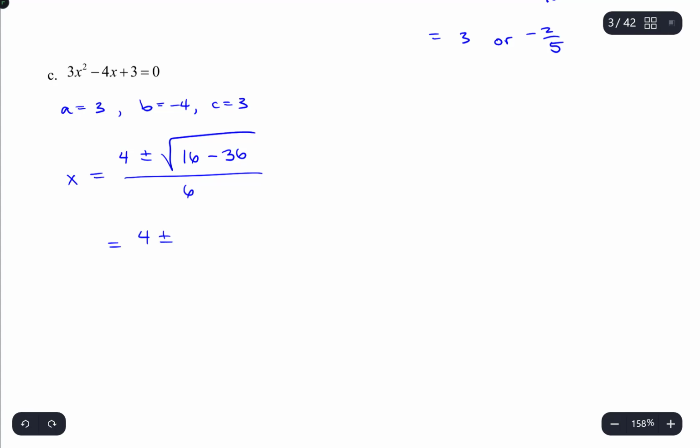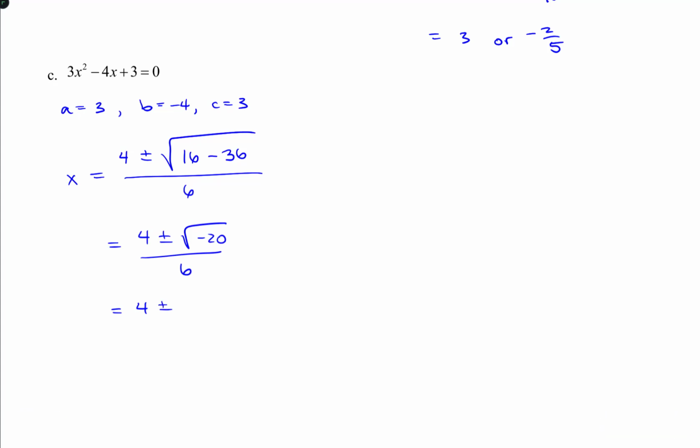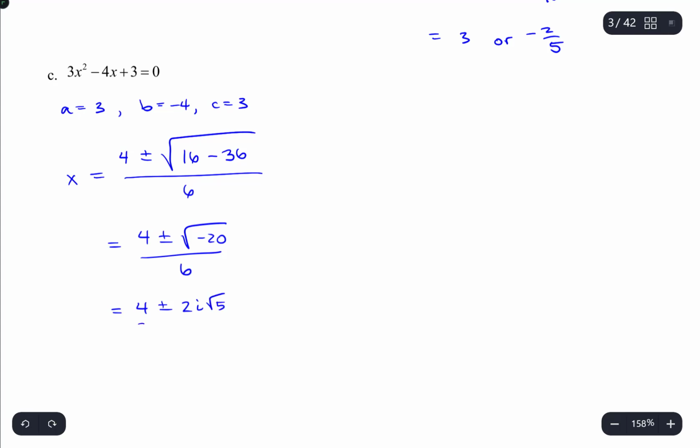All right, so reducing at this point, 4 plus or minus the square root of 16 minus 36, which is -20, and -20 can reduce to, let's see, 4 times 5. 4 is a perfect square, so I could make this 2i square root of 5 all over 6.